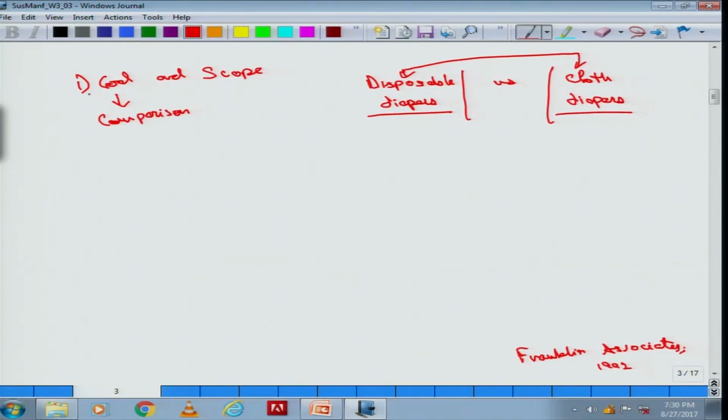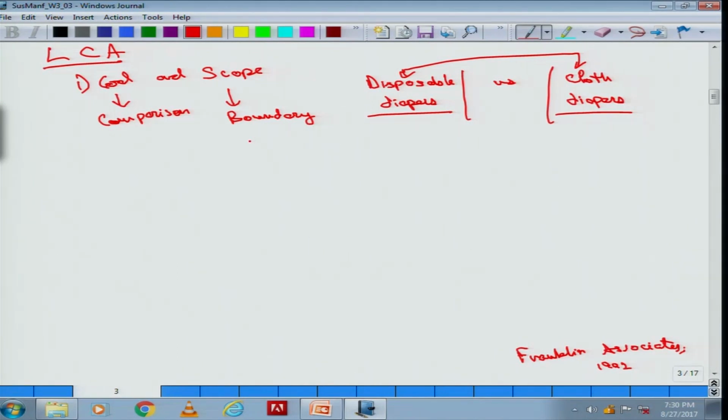So, this is the first step in our LCA, right. Goal is comparison and scope is our boundary, to what extent we need to carry out our assessment here.